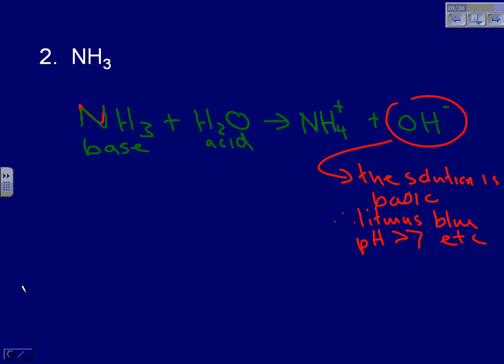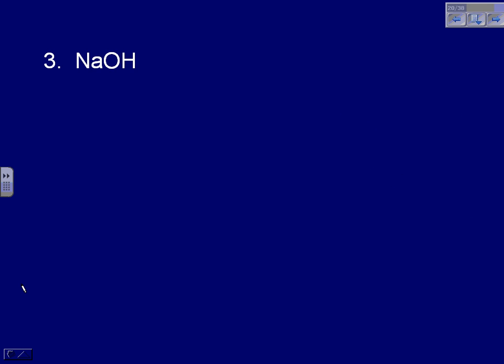So now we've got the basic ideas. All right. Let's take a look at NaOH. We already have this down as being an Arrhenius base. It's got an OH on the back end. So let's see if we can reconcile this with what we now know. This here is ionic.